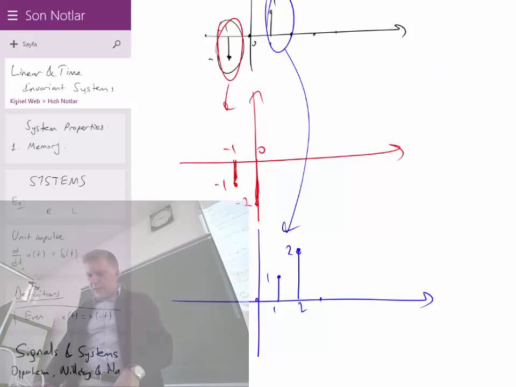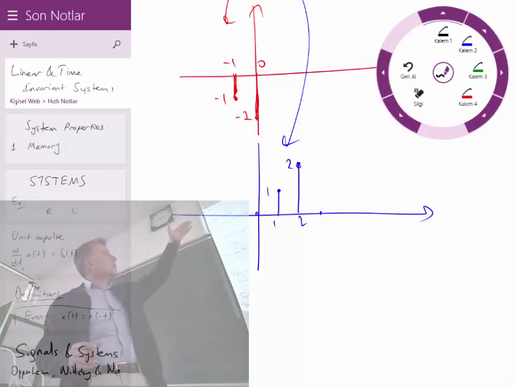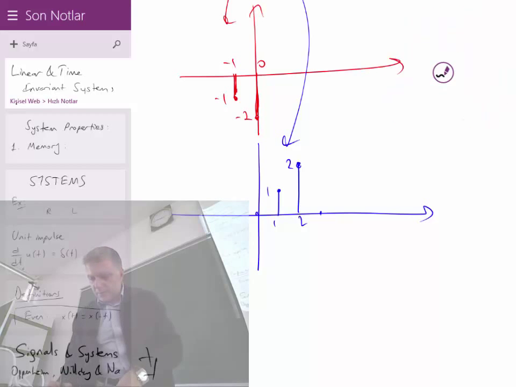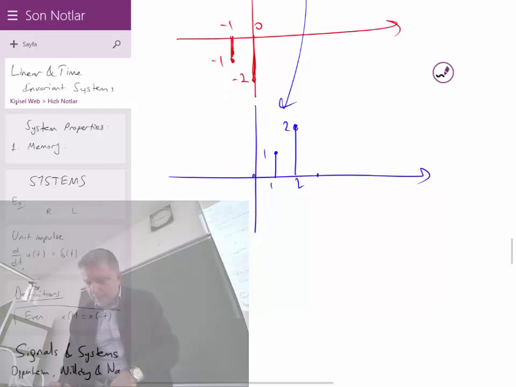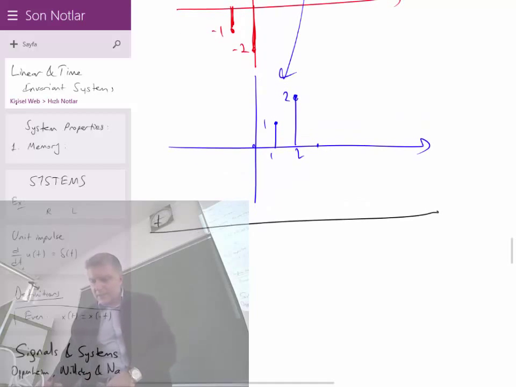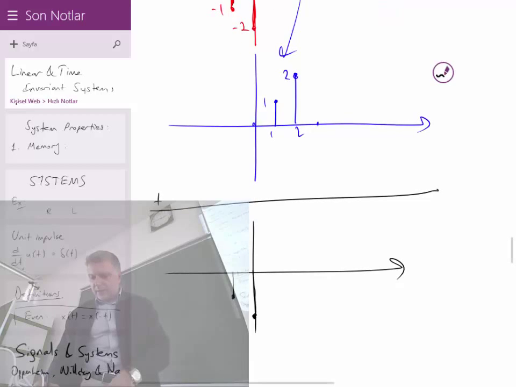The others are 0. And then finally, all I need to do is to add this top red and bottom blue figures. So this is a summation, and the summation is -1 plus 0 is -1 here. -2 plus 0 is -2 here. 0 plus 1 is 1 here.